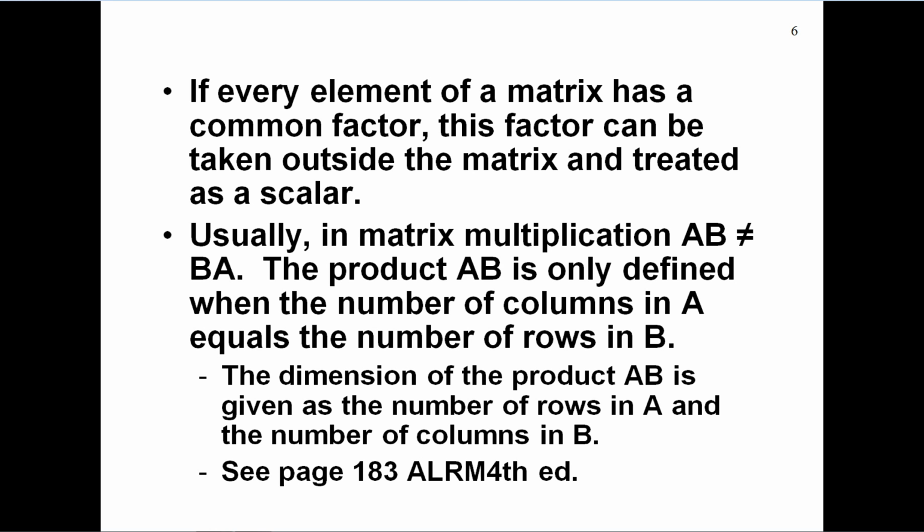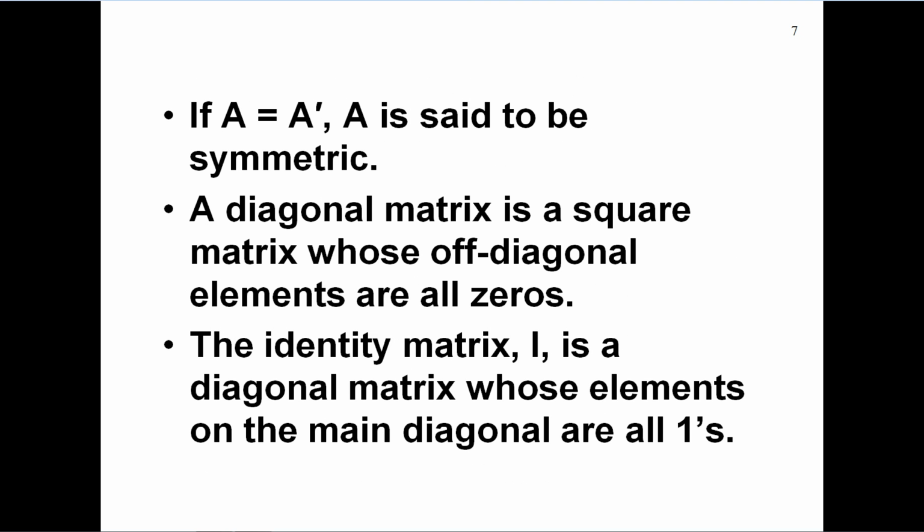The number of columns in the pre-multiplying matrix has to equal the number of rows in the post-multiplying matrix. And there's a great discussion of this on page 183 of our textbook, so I urge you to take a look at that. The resulting dimension, that is the product matrix, has the number of rows associated with matrix A, the pre-multiplier, and the number of columns associated with B, the post-multiplying matrix.